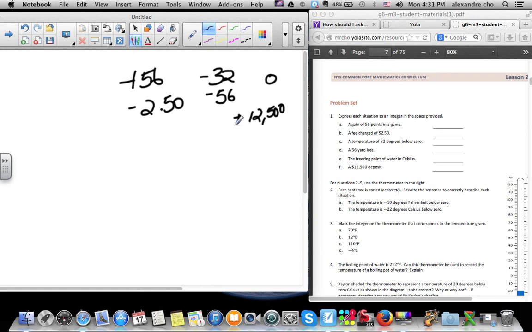Each sentence is stated incorrectly. Rewrite the sentence to correctly describe each situation. Temperature is negative 10 degrees Fahrenheit below 0.